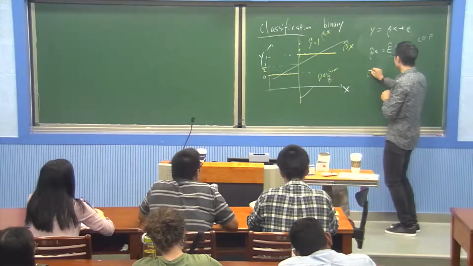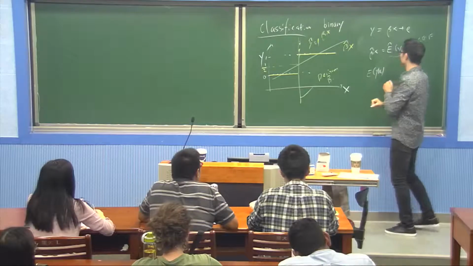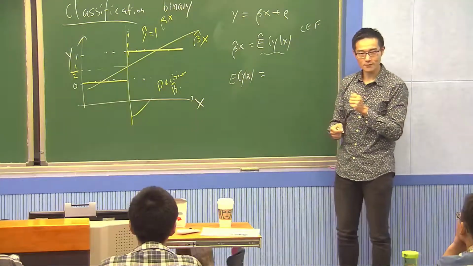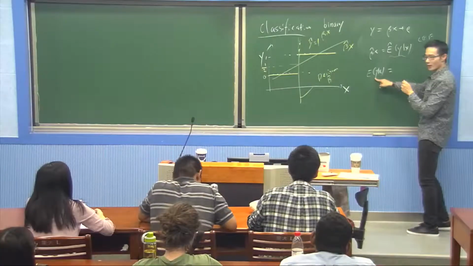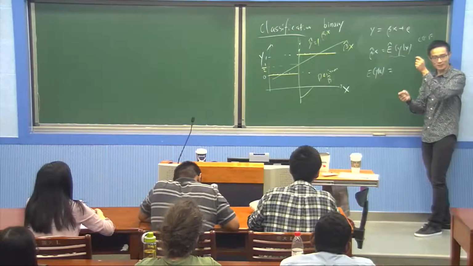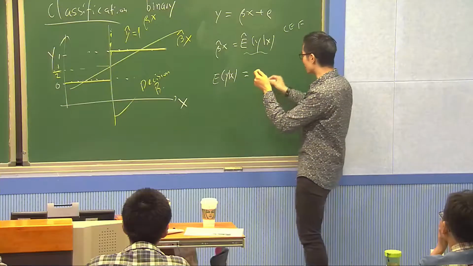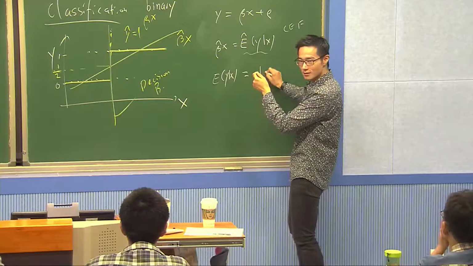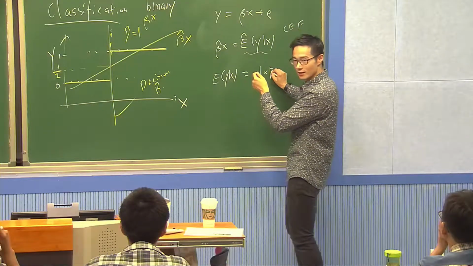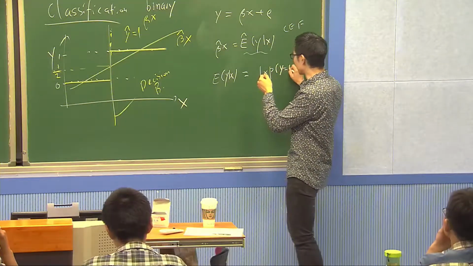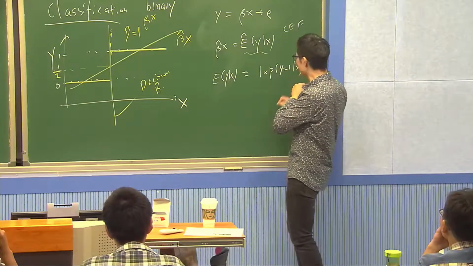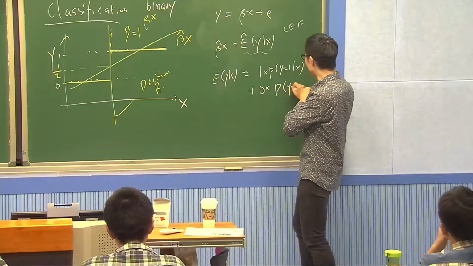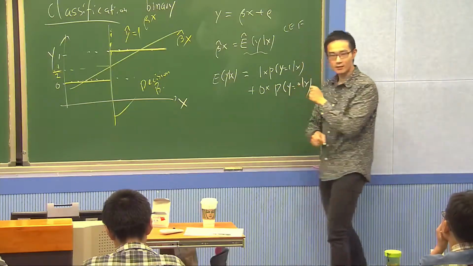But what is E[y given x] in this case when y is equal to 0, 1? Well, there are only two values for y. Y equals either 1 or 0. So it is equal to 1 times the probability of y equal to 1 given x, plus 0 times the probability of y equal to 0 given x, correct?